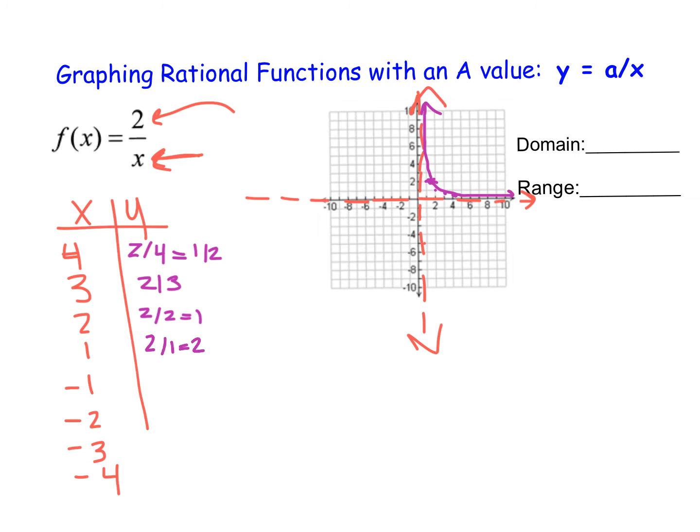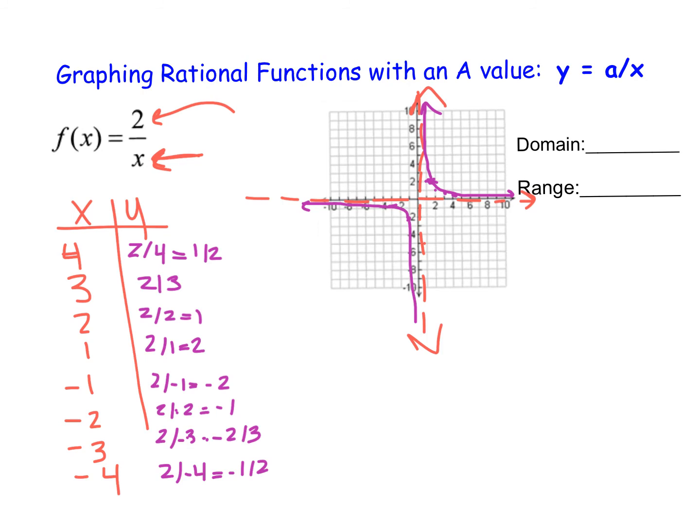And then if I complete the points down below, I have 2 over -1, which is -2, 2 over -2, which is -1, 2 over -3, which is -2/3, and 2 over -4, which is -1/2. So I have this same pattern happening down here, so I can create my graph.